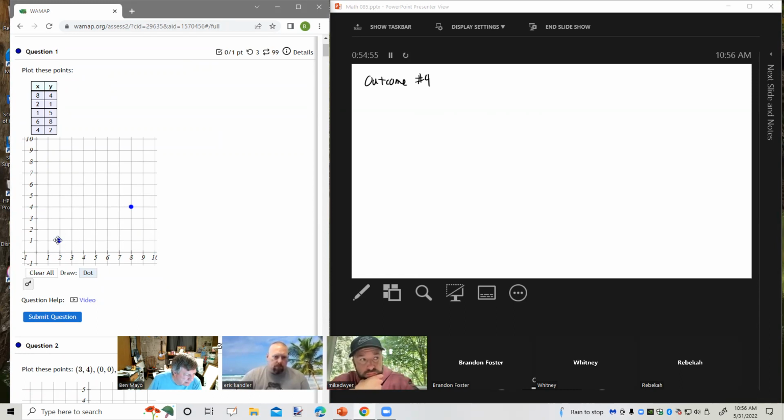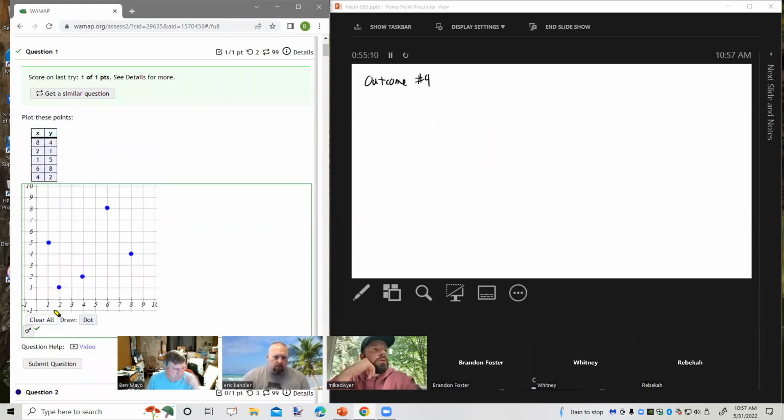I don't know how picky it's going to be. There we go. 1, 5, 6, 8, and 4, 2. All right. Any question about where I plotted those points?